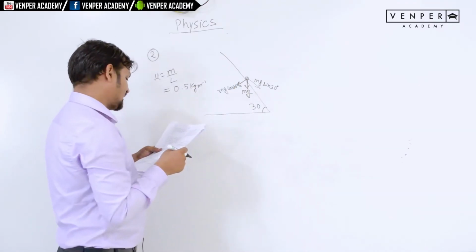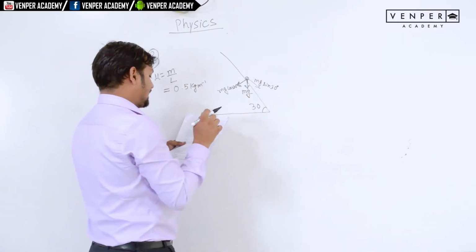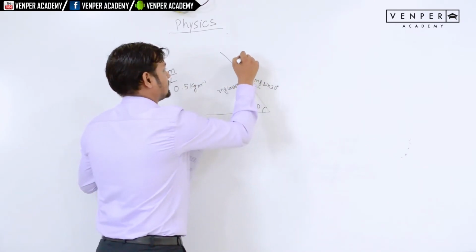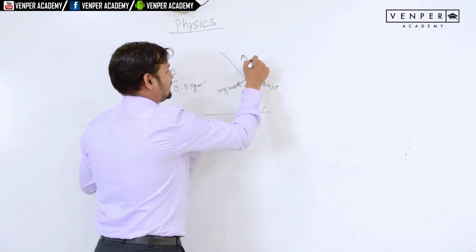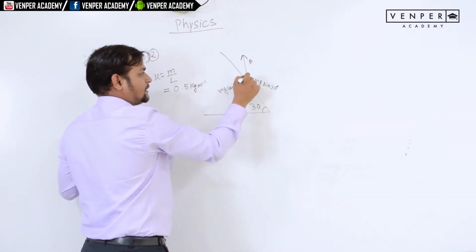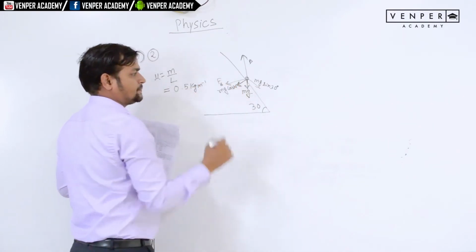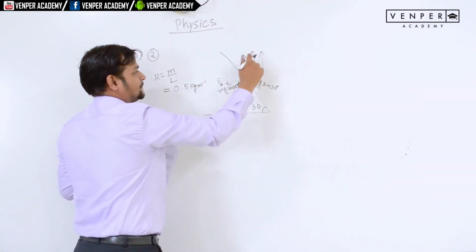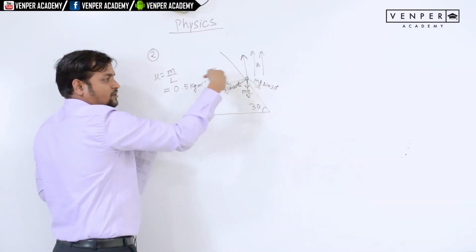Now what they are saying is the rod is not allowed to slide down by flowing a current through it when a magnetic field of induction 0.25 Tesla is acting on it in the vertical direction. One magnetic field B is acting in the vertically upward direction. Due to this B, a magnetic force FB will act in the horizontal direction.